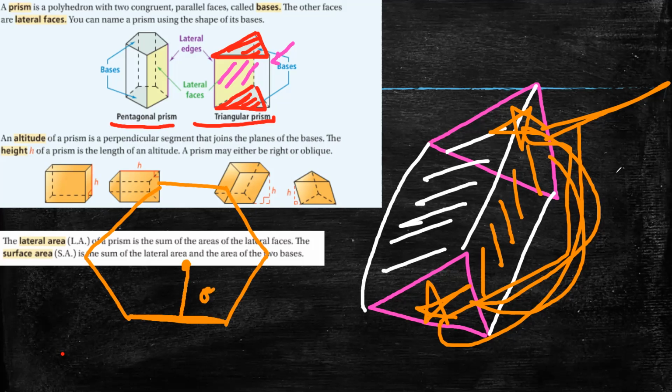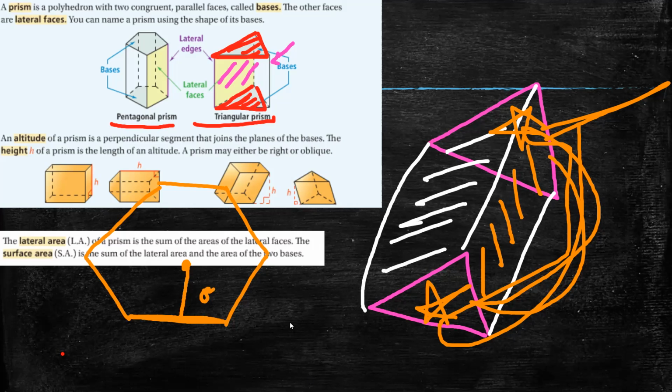We call it an altitude. This is for the two-dimensional shapes. The altitude in three-dimensional shapes is also a perpendicular segment that joins the planes of the bases.